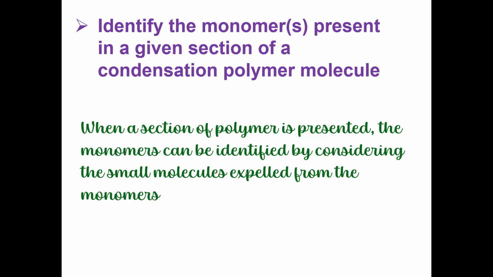As I explained, if you identify the links, if you identify the repeat unit, you can easily identify the monomers. We will see this more when we are doing the past paper, because organic is about to finish, and we can do past papers, and there we can see this polymerization.